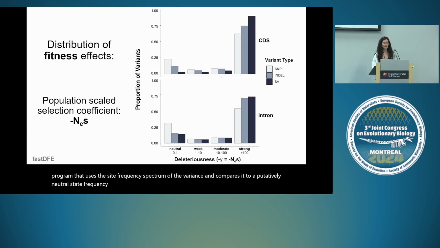And the DFE estimates variant deleteriousness based on the population-scaled selection coefficient, which is a function of the effective population size and the selection coefficient. And I found that indels and structural variants are more deleterious than SNPs in both coding regions and introns, but structural variants are much more strongly deleterious in coding regions.